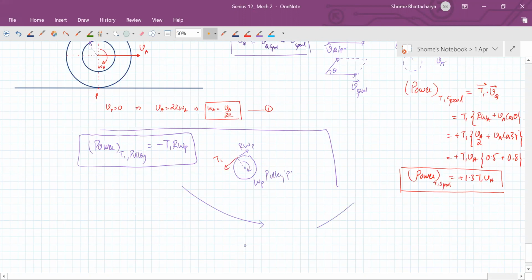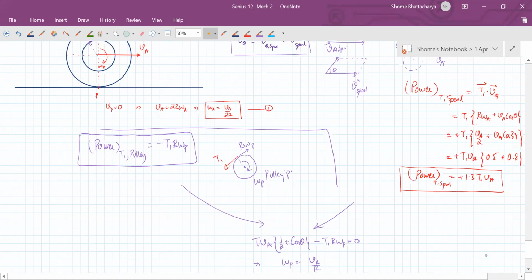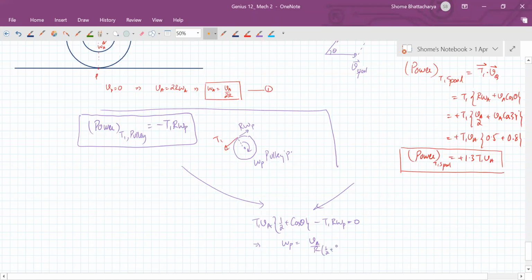Okay, so from these two now we have that, and you will see the velocity of the block is this much only.